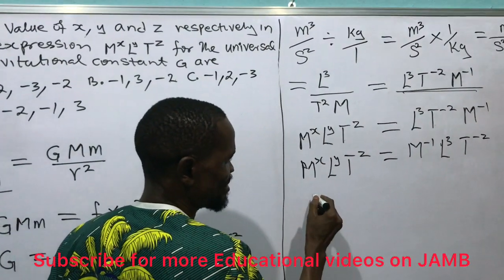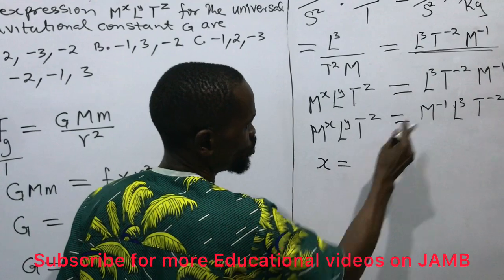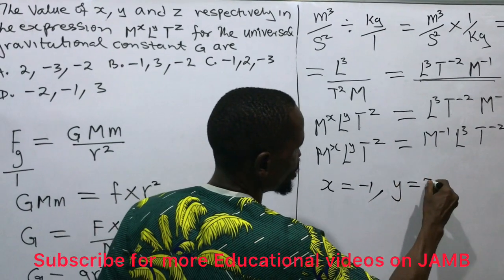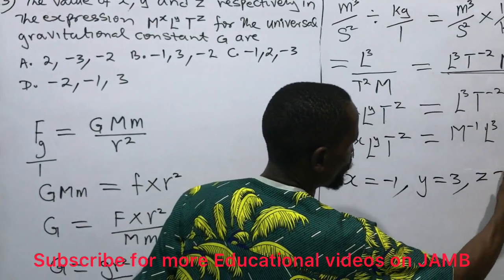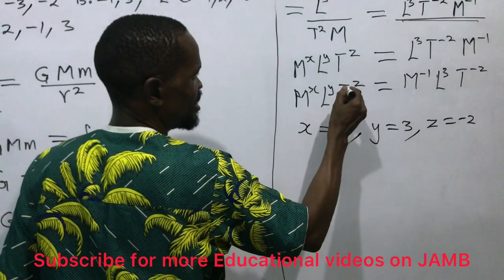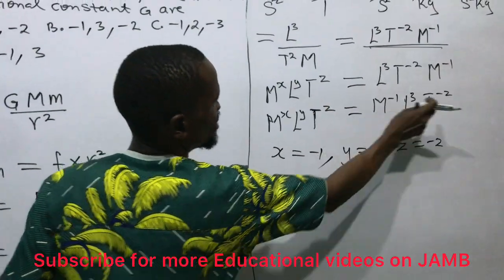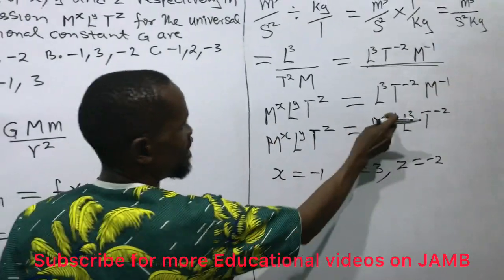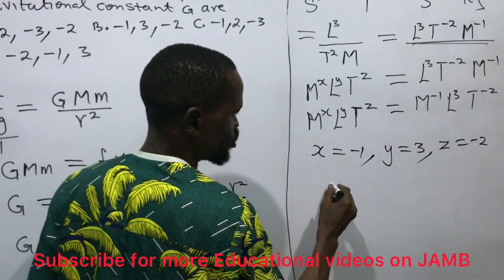That implies that X is equal to minus 1, and Y is equal to 3, and Z is equal to minus 2. Do you get what I'm saying? I'm equating them now. This is T raised to power Z. The Z is minus 2, the Y is 3, and the X is minus 1. Therefore, what option do we have?